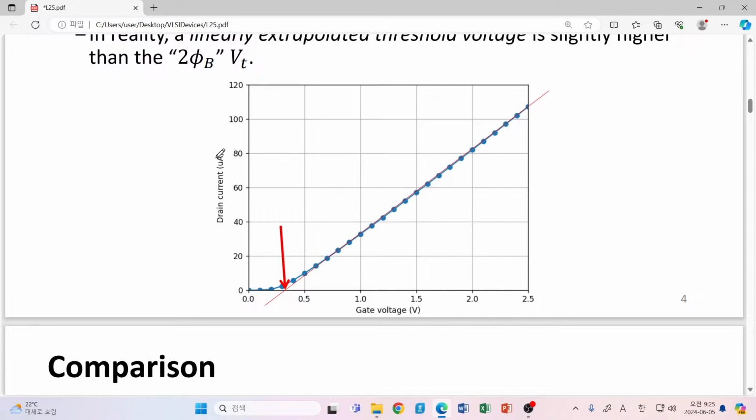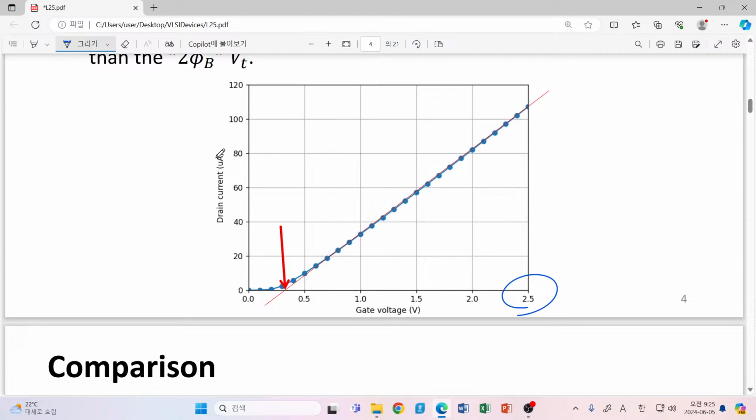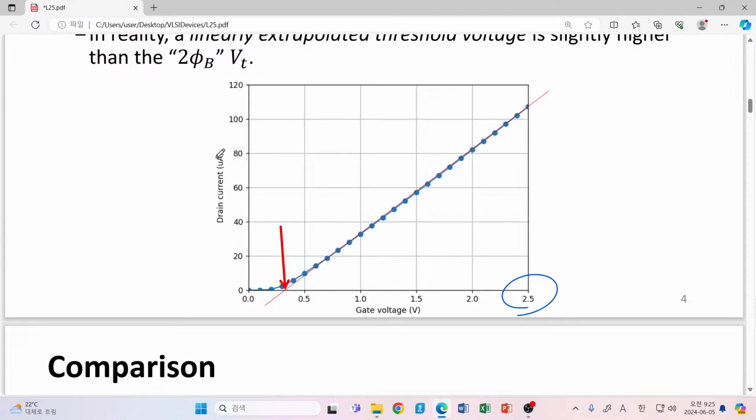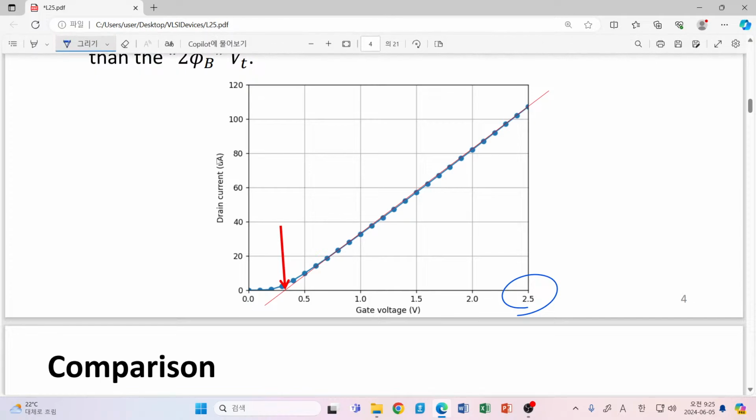It means that 0.3 volt is not acceptable for conventional logic technology. If we are working with, for example, 2.5 volt as a VDD value. So nowadays, of course, our VDD value is just 0.5.